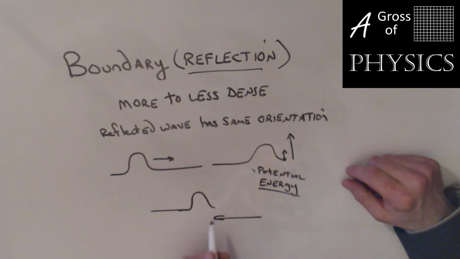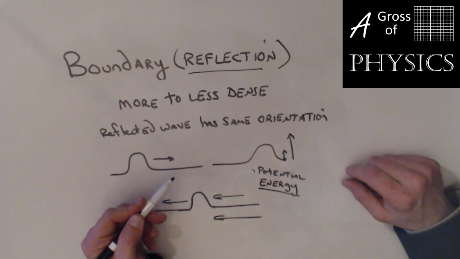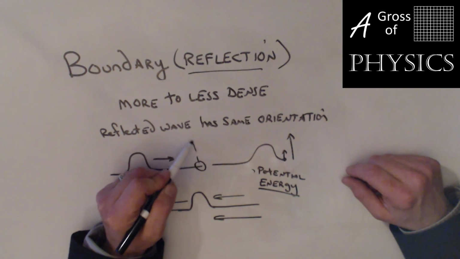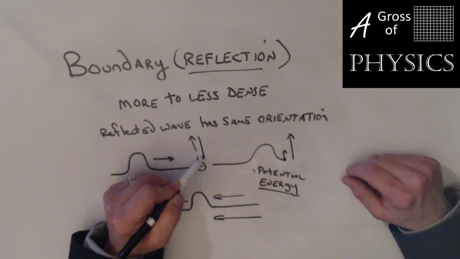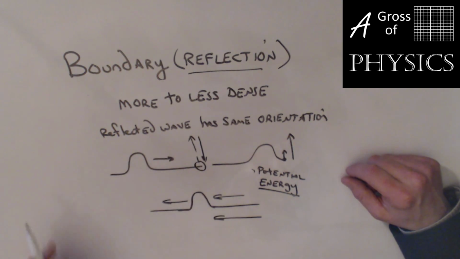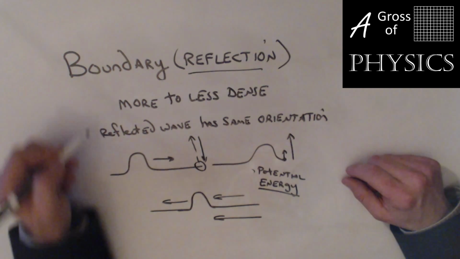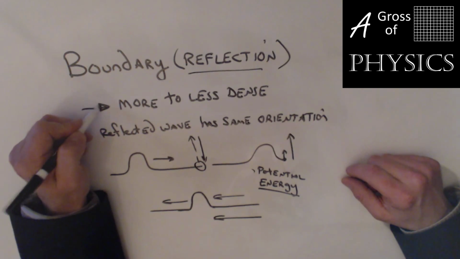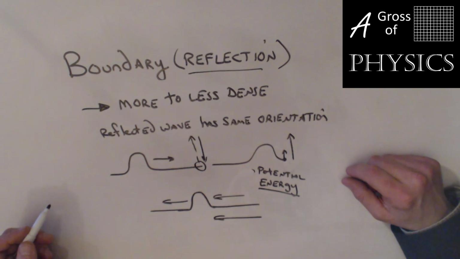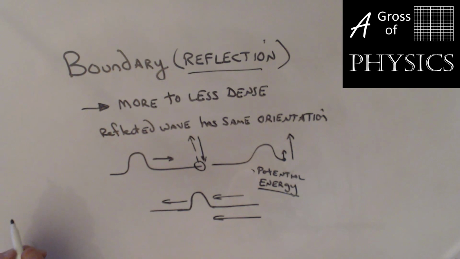As this lowers, you end up with a flat line, and the crest will return. So a crest comes in, lifts this point up to a higher potential energy. That potential energy is released and sends a wave back in the direction where it came from. So this is an analogy for when a wave hits a boundary of a less dense material from a more dense material. And we use potential energy as the analogy.